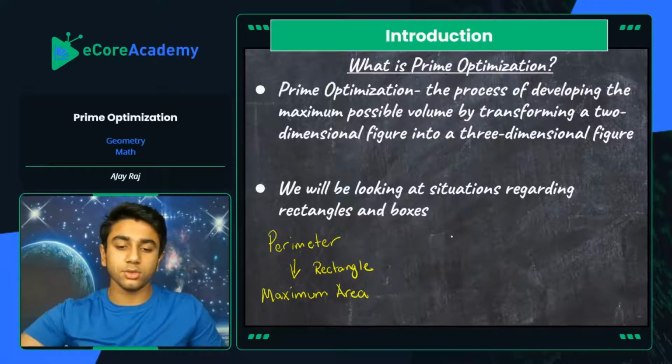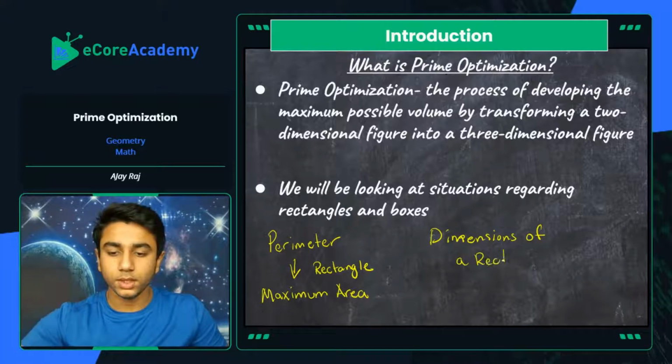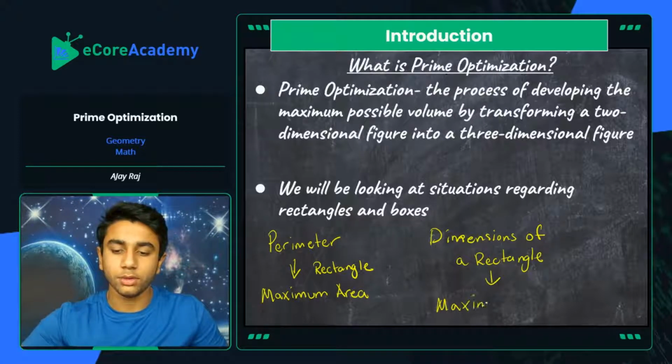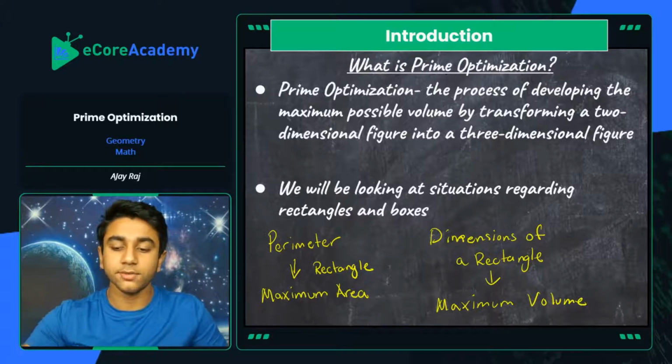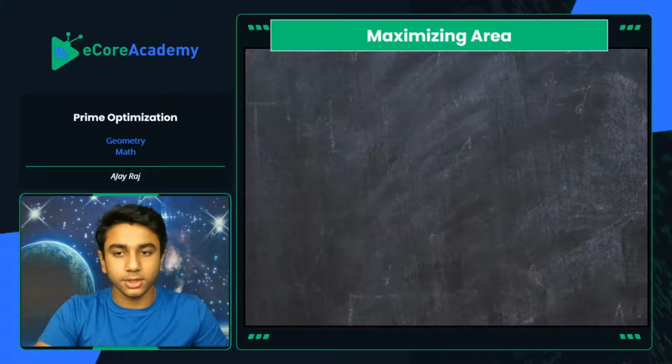And then you have another situation in which you're given dimensions of a rectangle to calculate the maximum volume. So those are the two different scenarios we'll be looking at in this lesson. This is a very short lesson, so please make sure to pay attention, and we'll get through this pretty quickly.